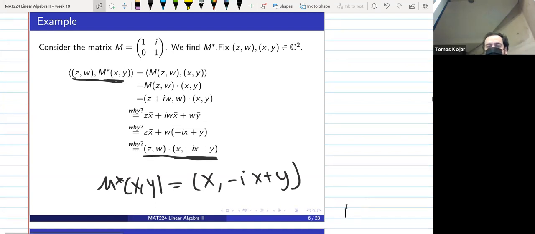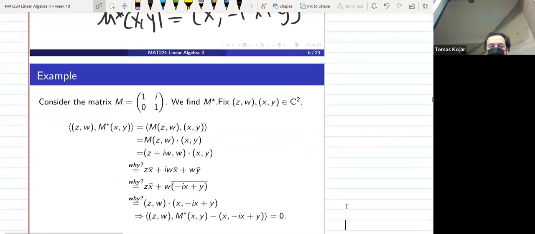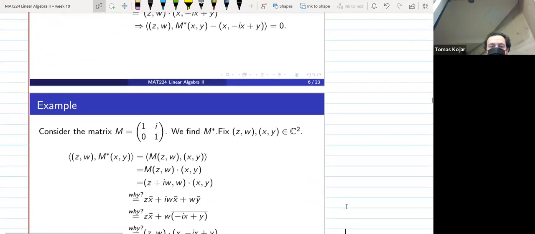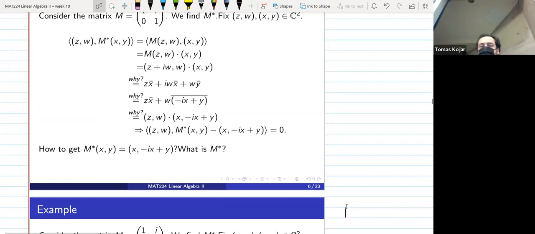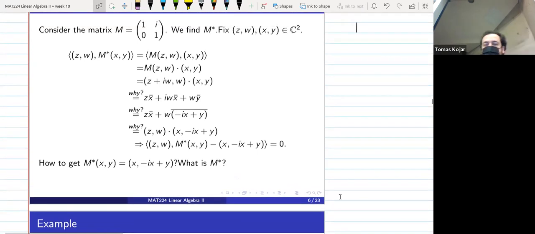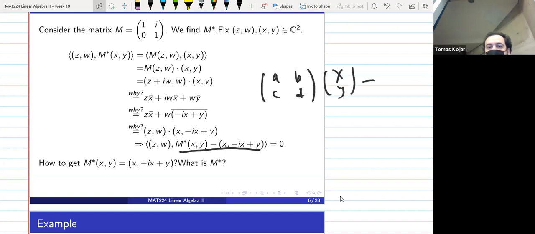But we're not really happy with this because we can say more. We talked about this. But what is M star? Even from here, I hope you can kind of see it. Write M star as the matrix [a, b; c, d], applied to (X, Y), which gets sent to (X, minus iX plus Y).